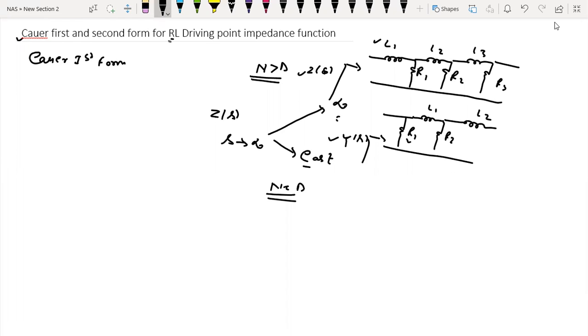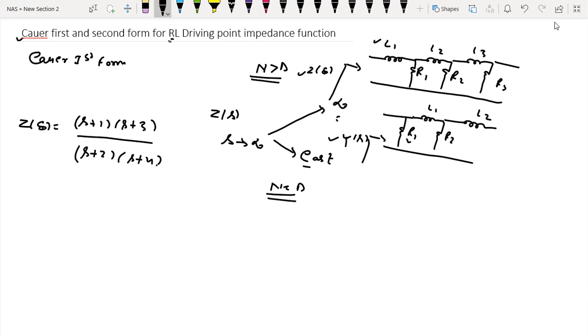Okay, so now we are starting with an example. Suppose ZS is given as (S plus 1)(S plus 3) upon (S plus 2)(S plus 4). Just like the previous example we have done for the first and second form.